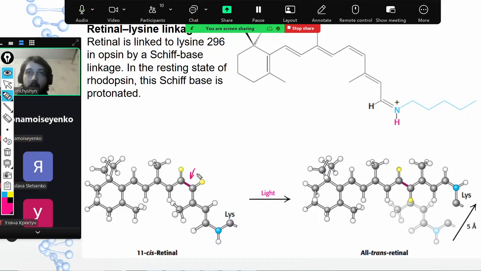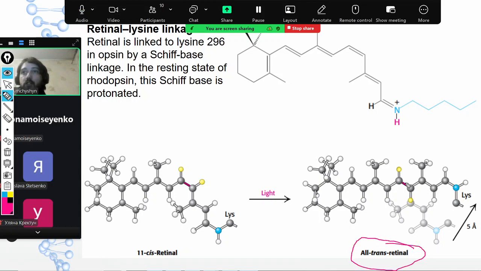Here you see the double bond of interest, and this is 11-cis retinal. Here is the 11th carbon and it's cis, so these parts are on one side of the double bond. When the light comes, it transforms into all-trans retinal.